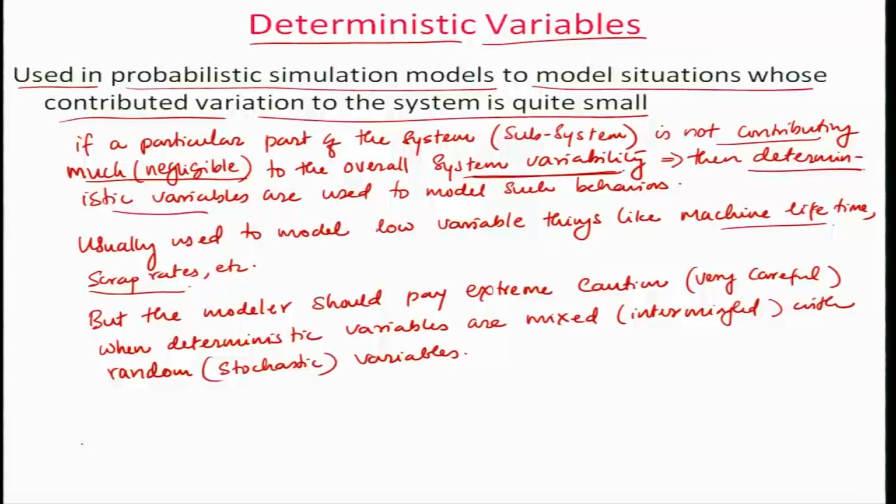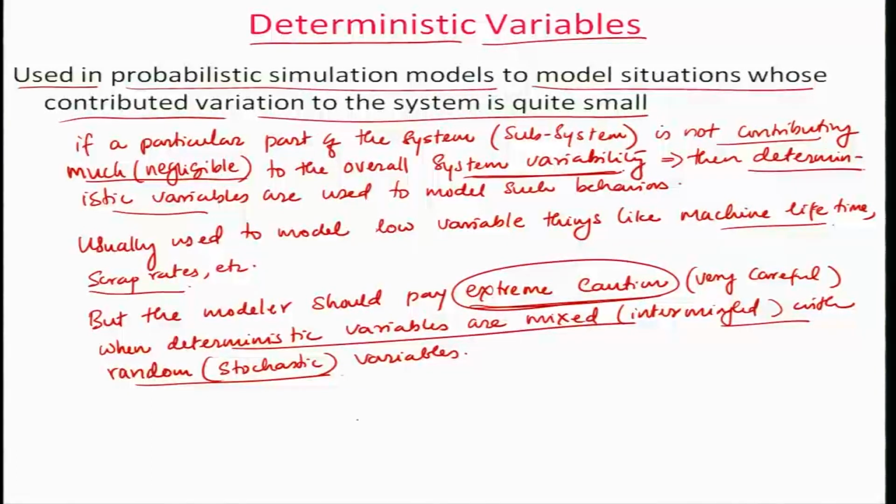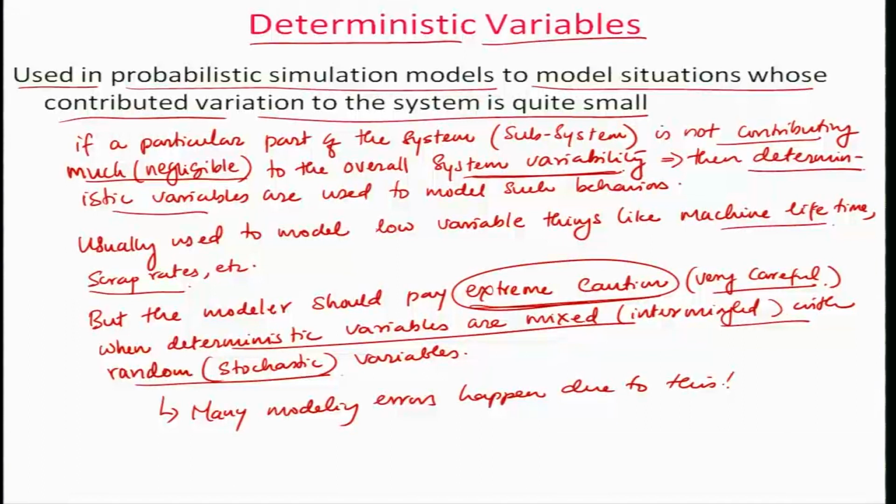Okay. So, if you are a modeler and deterministic variables are getting mixed or intermingled with stochastic variables, then use extreme caution or be very careful, because many modeling errors happen due to this. Okay. So, my suggestion in this regard is that when you are mixing deterministic variables with stochastic variables, please ensure that you pay extreme caution.